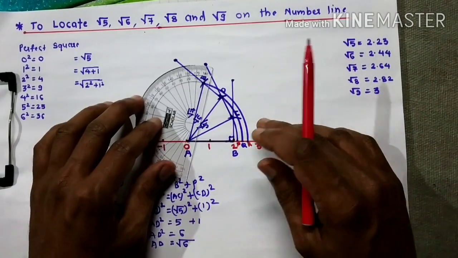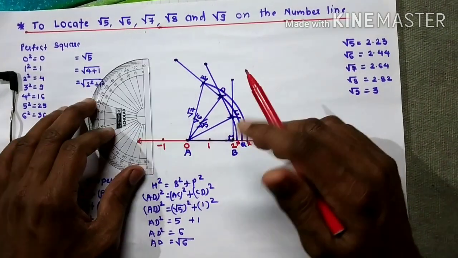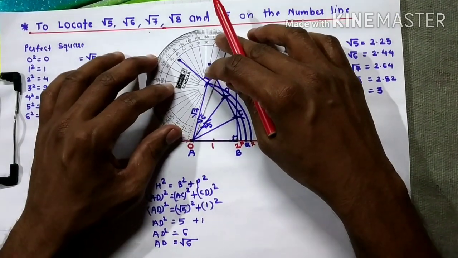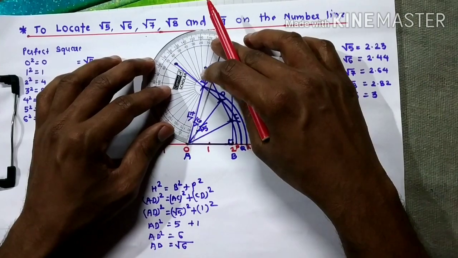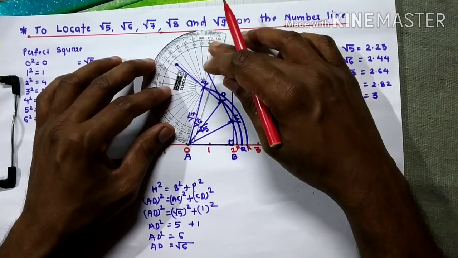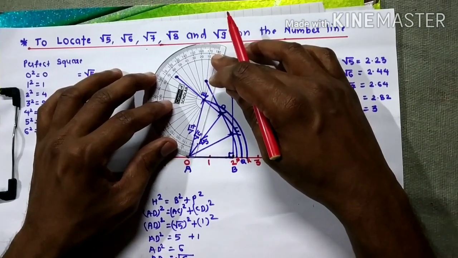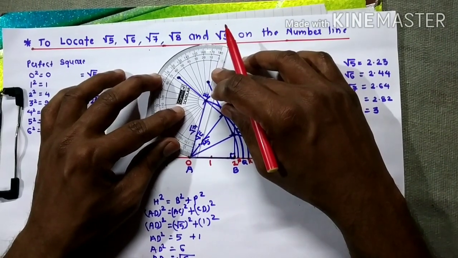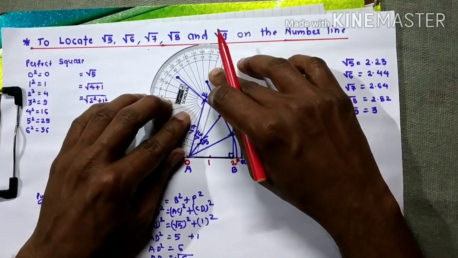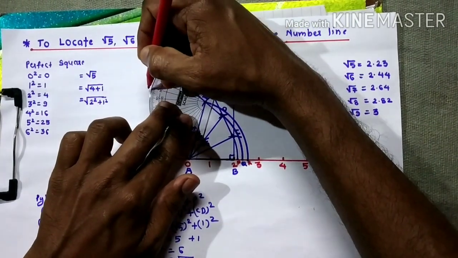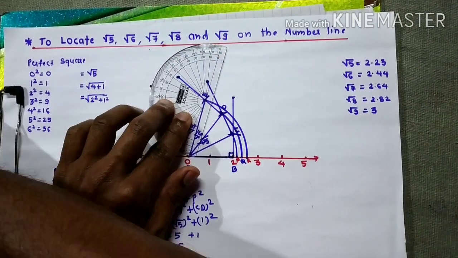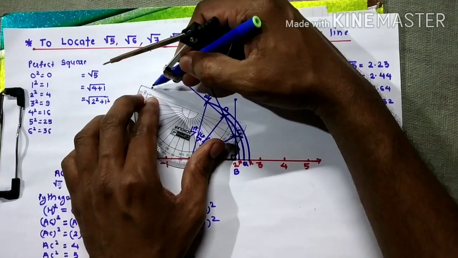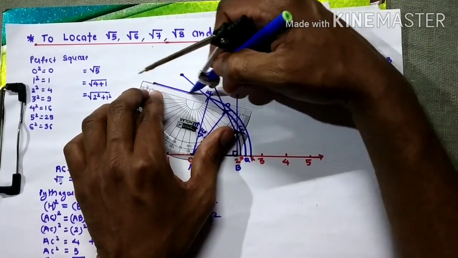So next we shall locate root 8 on the number line. We have to keep the protractor like this, and we have to choose base as AE. You have to mark one point here, and we have to join these 2 points.